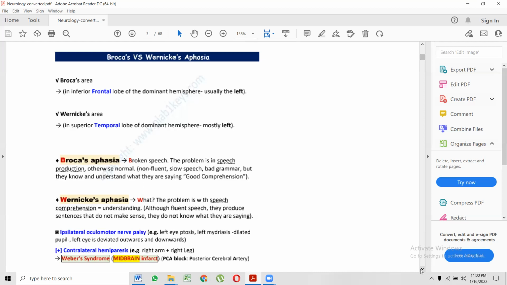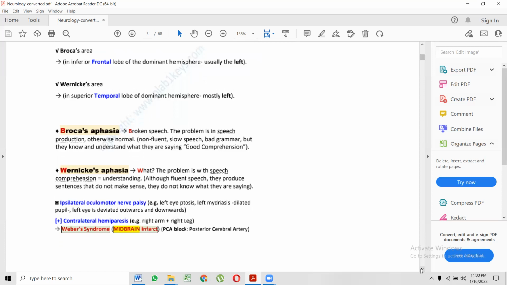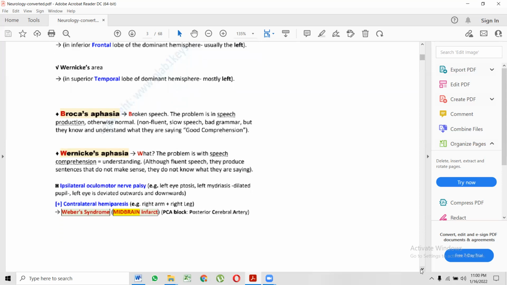They usually produce sentences that do not make sense, but the patients are not aware of what they are saying. So cerebral stroke can result in Broca's or Wernicke's aphasia.